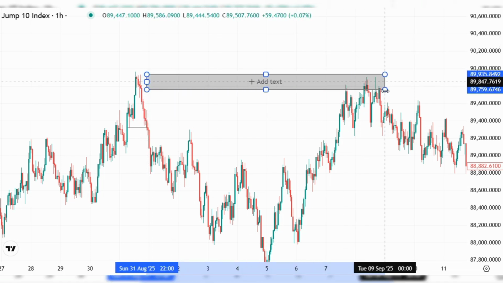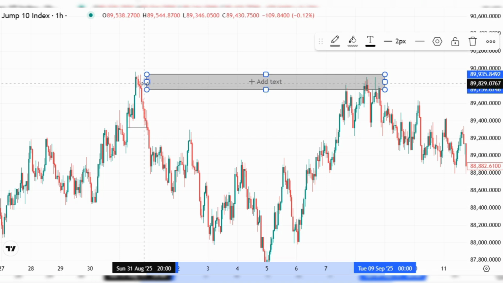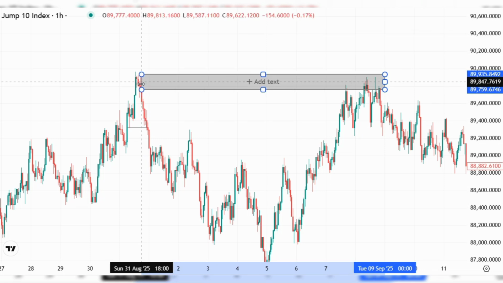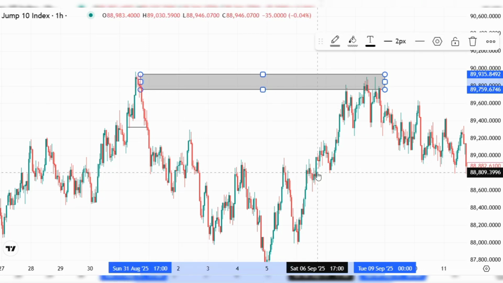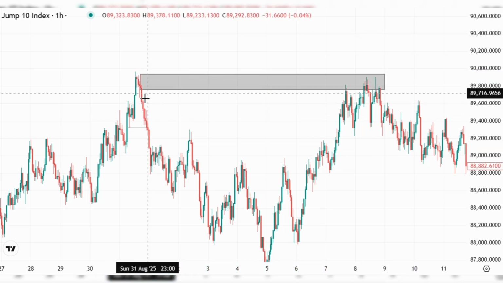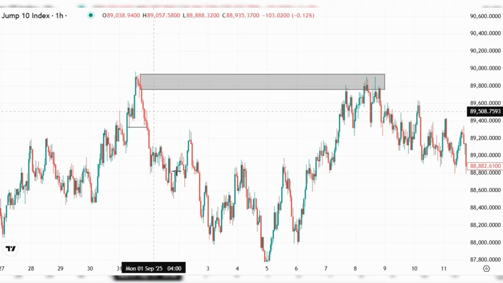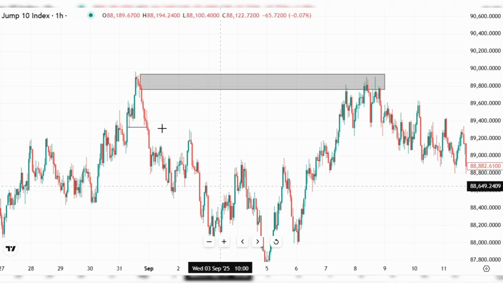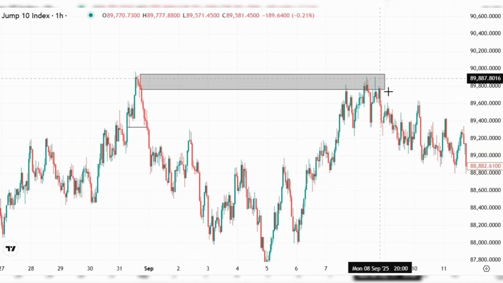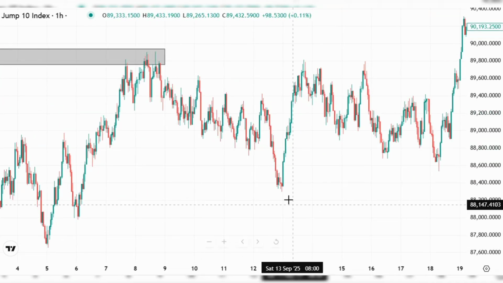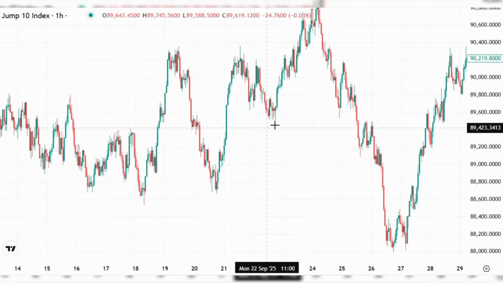Yes, because sometimes an order block may not be a bullish candle; it can be either a bullish or a bearish candle. It may not necessarily be that particular opposing candle before the push. So this right here is our order block, and it caused a break of structure right here, and we saw this major displacement. Then price came back, retested it, and it went down. So this is how you highlight an order block.